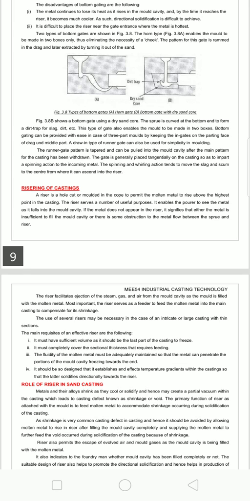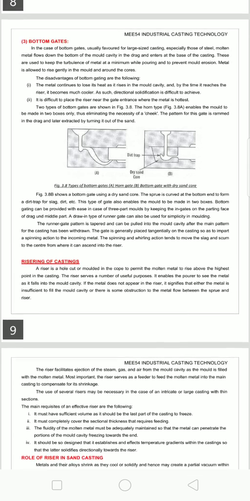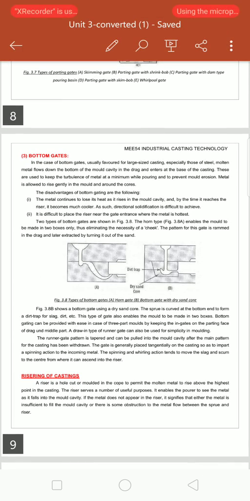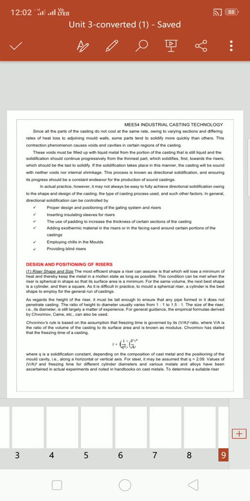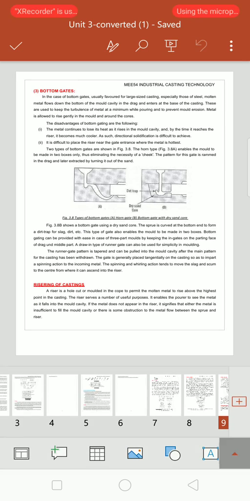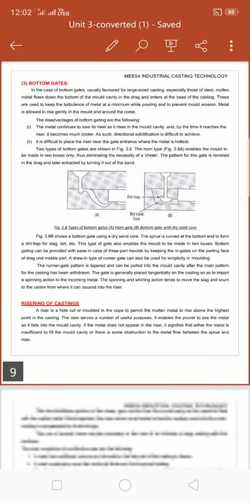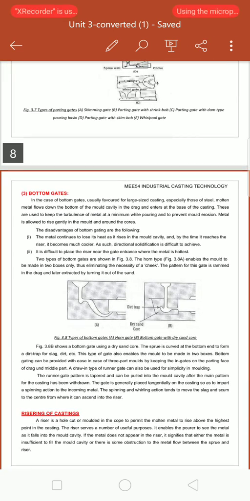So let us discuss the additives and binders used in the molding sand. Additives are agents in the form of powders or liquids used in molding sand to impart certain desired properties to the mold. These are used in addition to the binders.